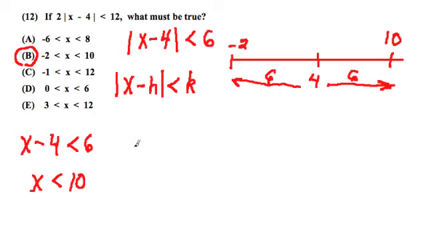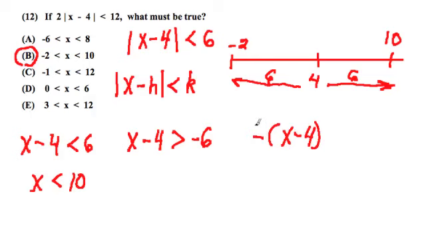In high school, you probably were taught the second equation as being x minus 4, reversing the inequality and making this negative. But the way I like to think about it is that if you had x minus 4, if it came out negative and you took the absolute value, it would be less than 6.